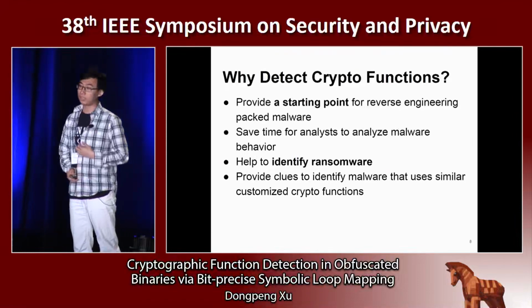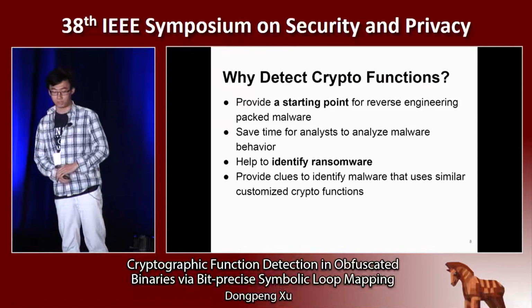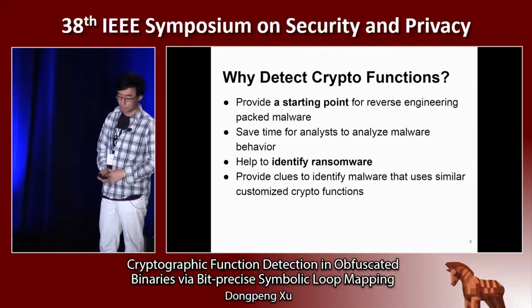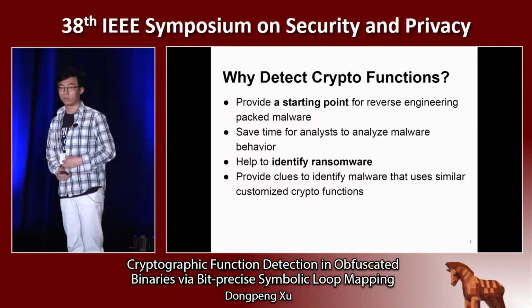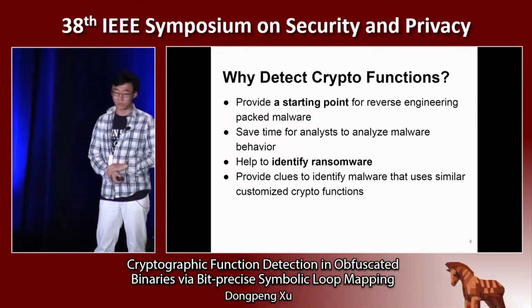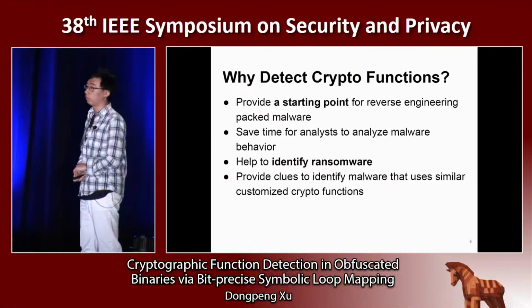If we can identify those functions, it will save time in malware analysis. Third, since ransomware usually uses encryption and decryption procedures, identifying crypto functions will help identify ransomware.